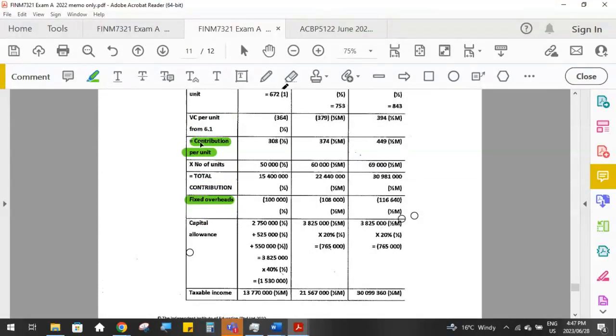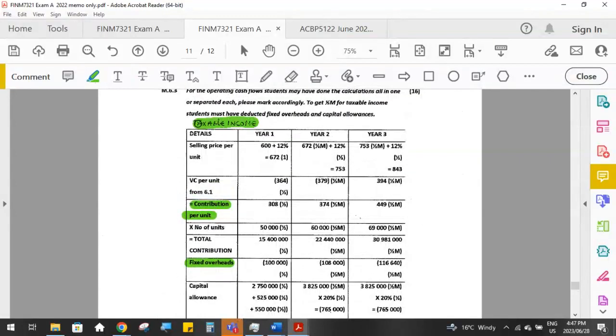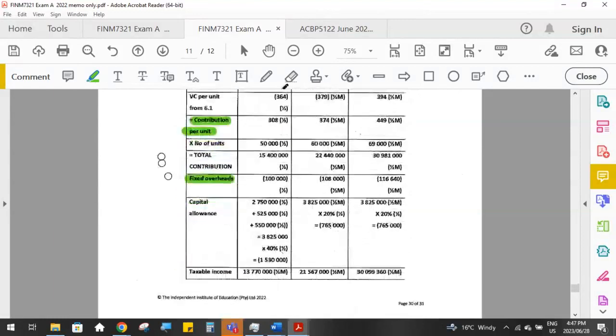I like to put in subtotals to follow myself as to what I'm doing. And then, because this is taxable income, we are allowed to deduct the capital allowance for each year of the machine to reduce our income so that the taxable income is after deducting the capital allowance.